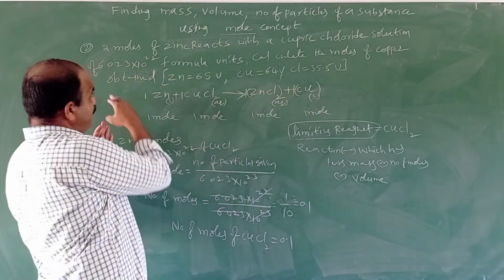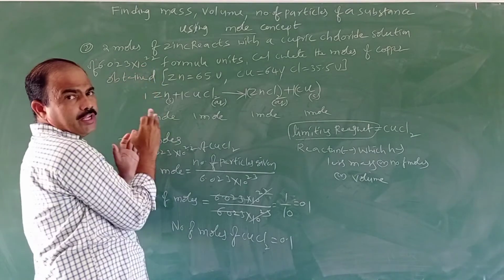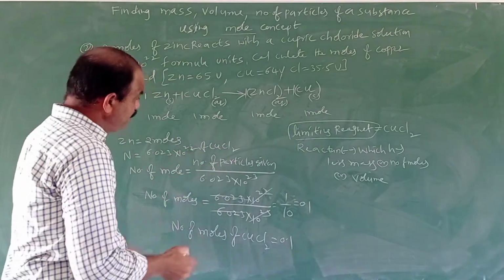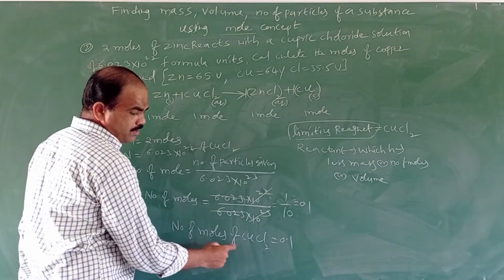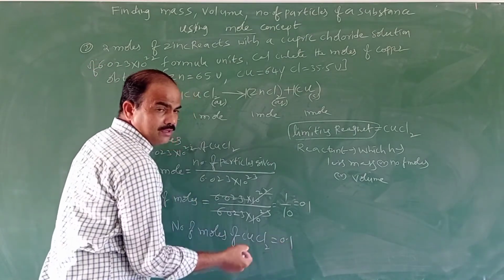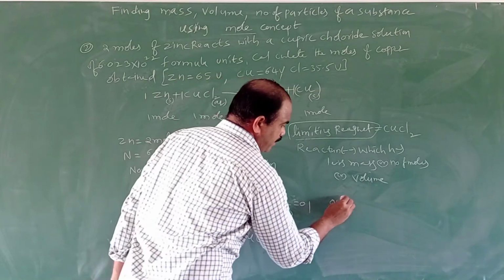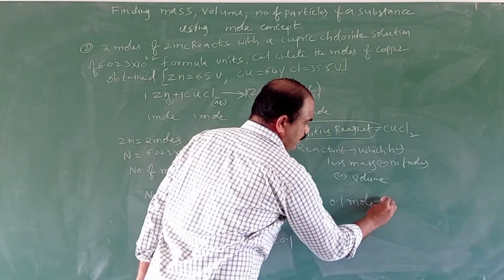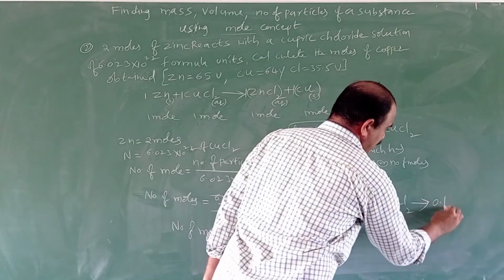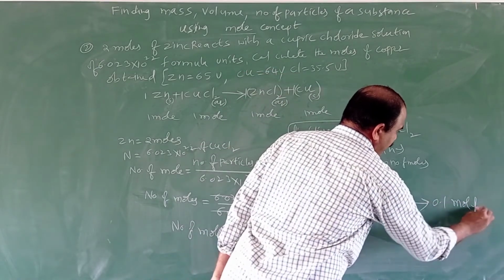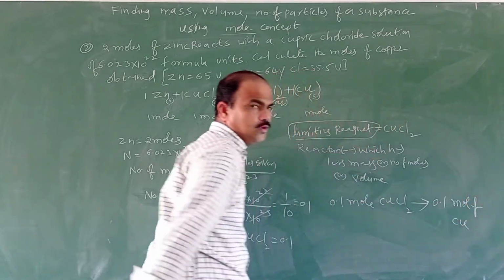The number of particles is 6.023 into 10 power 22. Using this number of particles, if we calculate the number of moles, how much did we get? 0.1. So if 0.1 mole of cupric chloride participates, it gives 0.1 mole of copper.